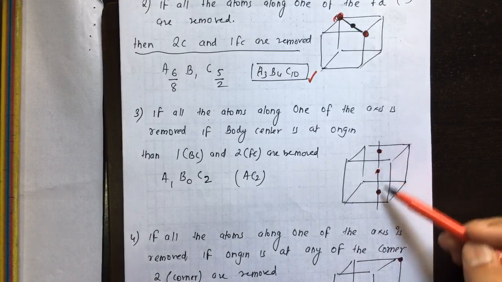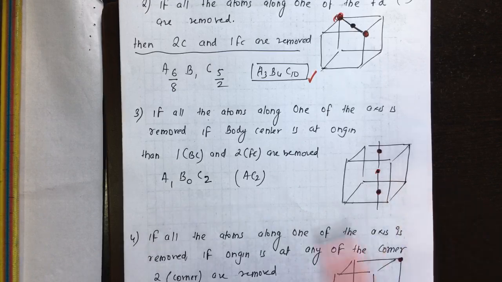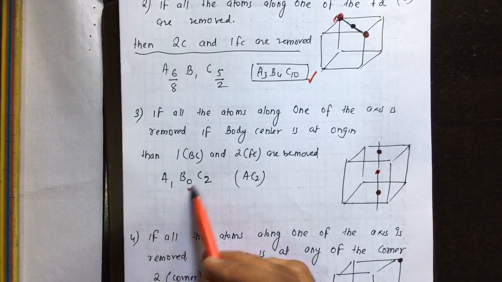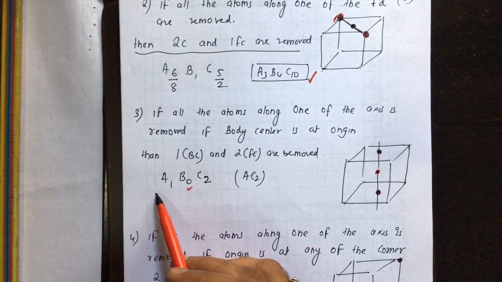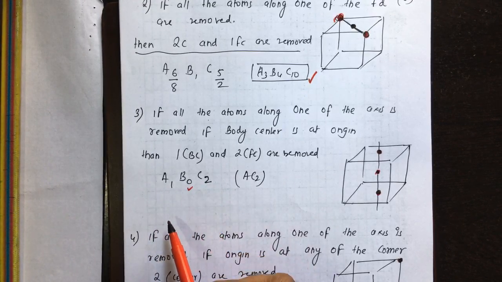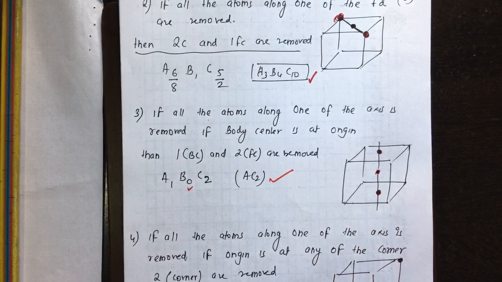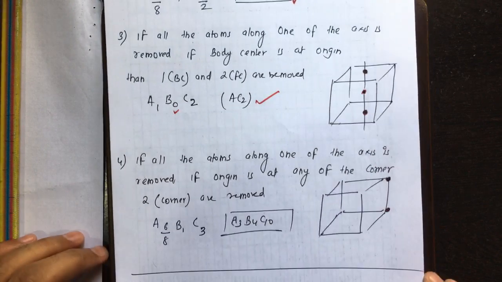What will happen? Two face centers will be removed and one body center will be removed. So one body center removed means 0 for the body, the corner will remain entirely as 1, and two face centers are removed, so still 4 are left. So 4 by 2 will be 2 and the formula will be AC2. So this is the formula of the crystalline solid.